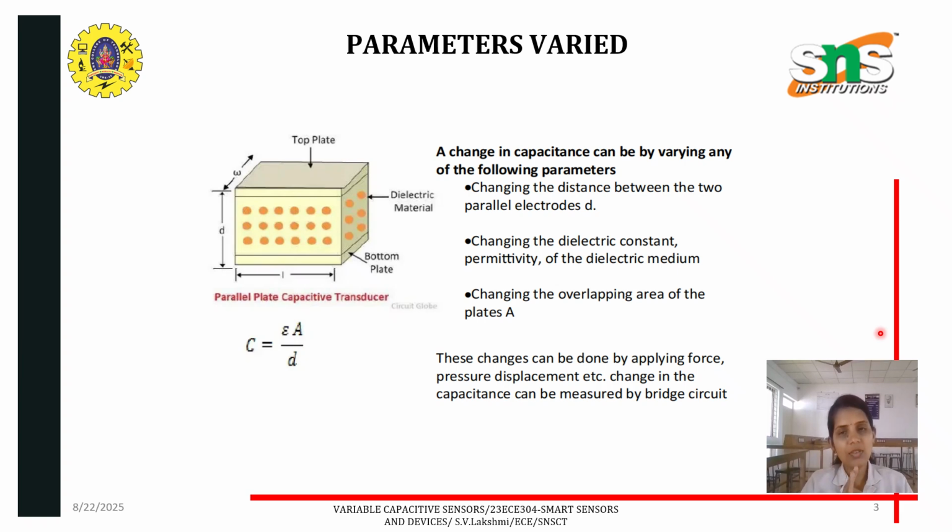So there are three things to be considered here. These changes can be brought about by applying force, pressure, displacement, etc. The change in the capacitance can be calibrated with the help of a bridge circuit.